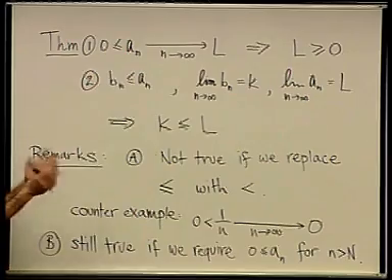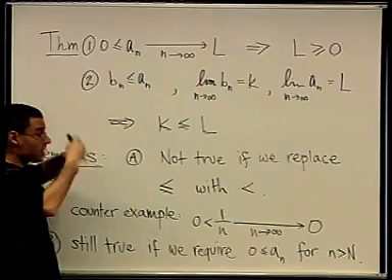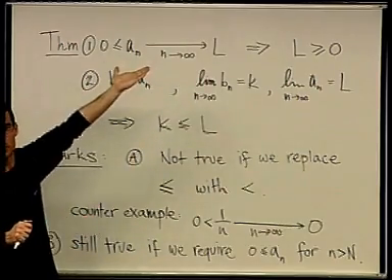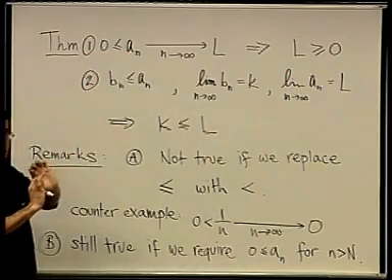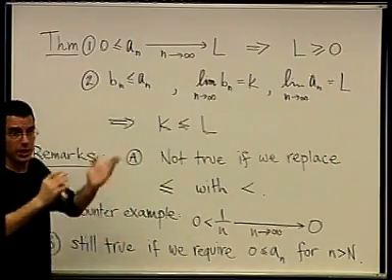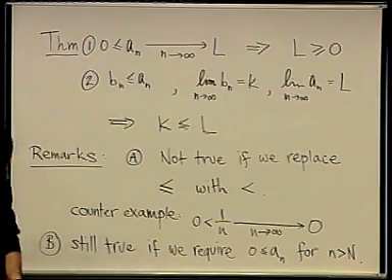So if the first 17,000 elements are negative, but starting from there, everybody's non-negative, this statement is still going to be true. Do you agree? If you have 17,000 elements which are negative, and then everybody's positive, the limit is going to be positive or non-negative. Do you agree? So that's the second remark.